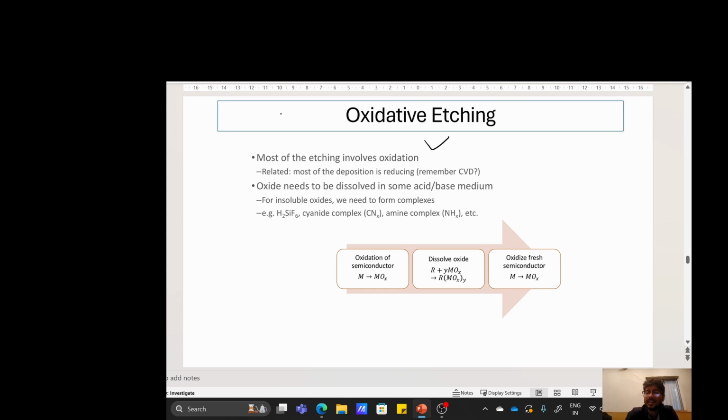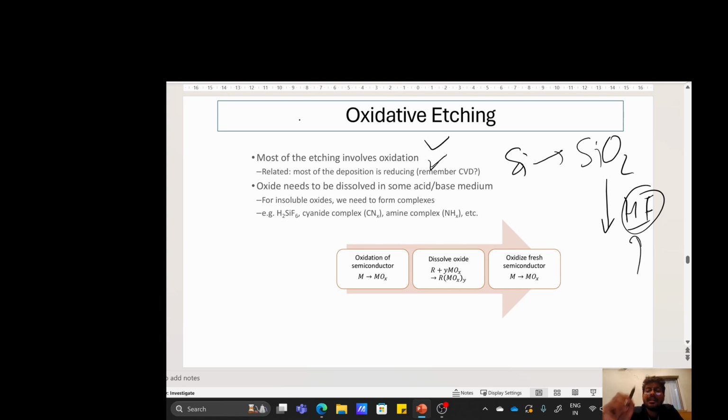For example, if the surface is silicon, it will first convert Si to SiO2, and then this will get removed by HF, or there are some other agents as well, which do not use HF.